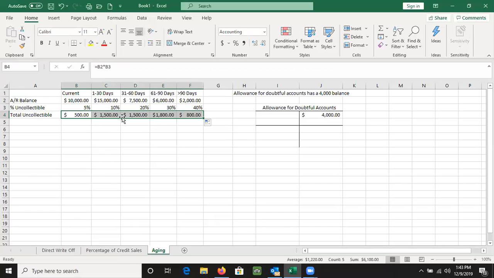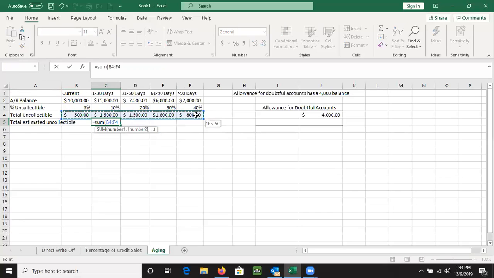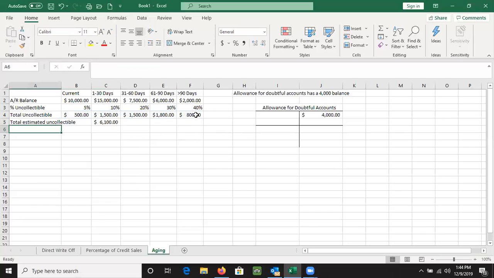Multiplied across. Then total estimated uncollectible, we're going to add all those together. So equals the sum. You could do this however you want math-wise. All these added together. So we estimate that $6,100 is uncollectible.